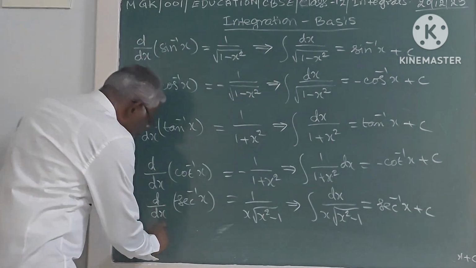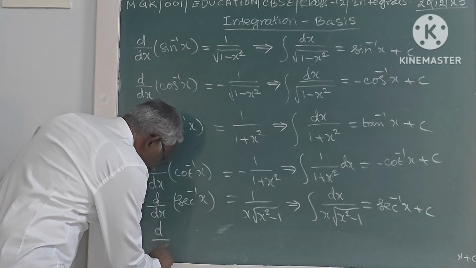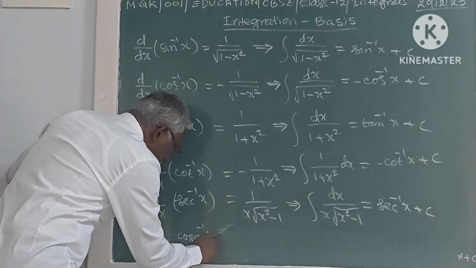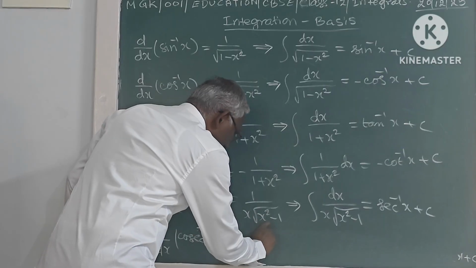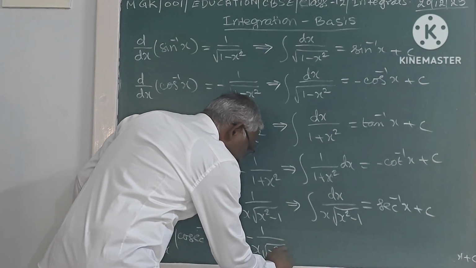One more is the differentiation of cosecant inverse x. This is nothing but minus 1 over x into square root of x square minus 1.